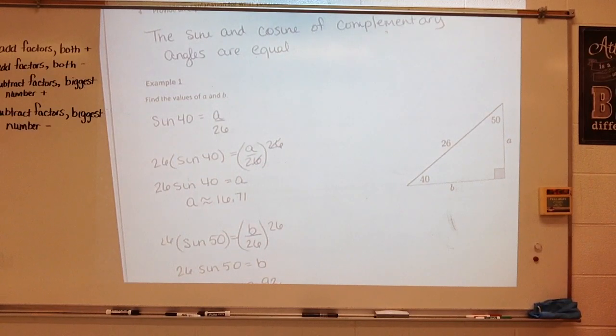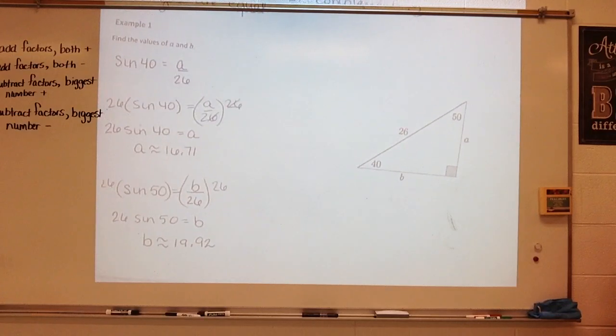Could we have used another method? Yes, once we know two sides, we can use the Pythagorean theorem. Your choice, however you want to do this. But I'm trying to get you into using those sine, cosine to figure out things.